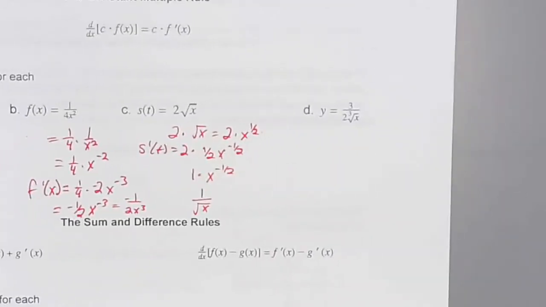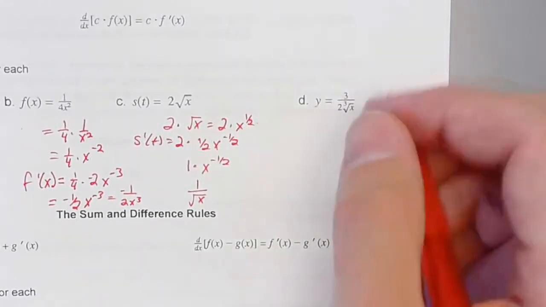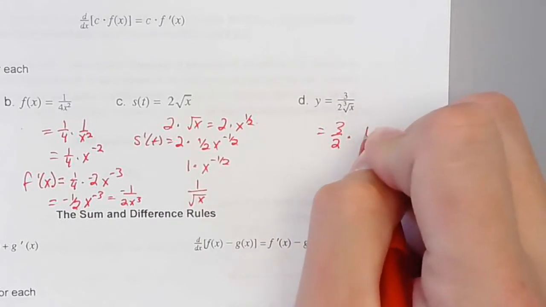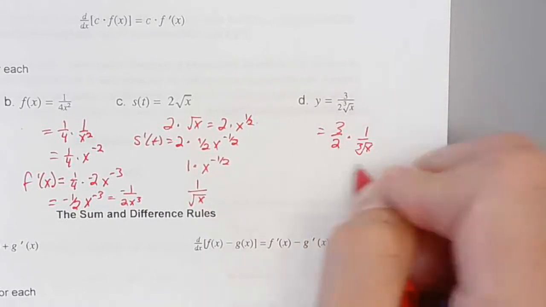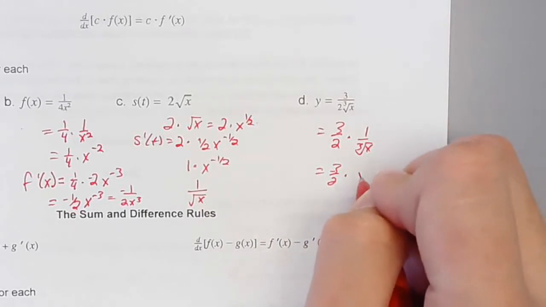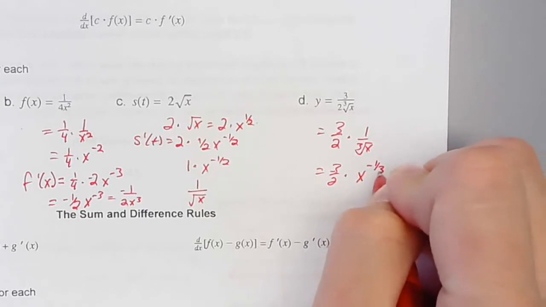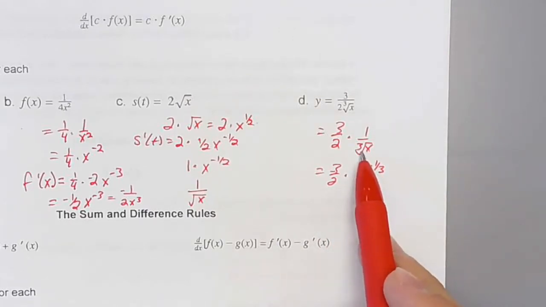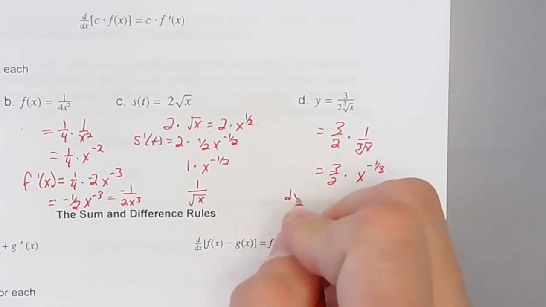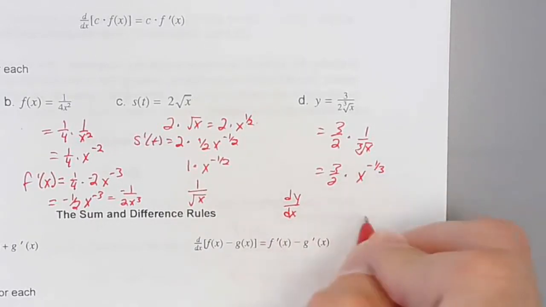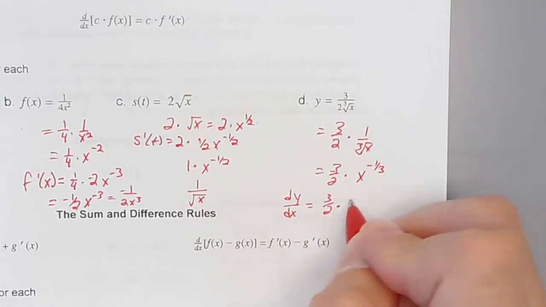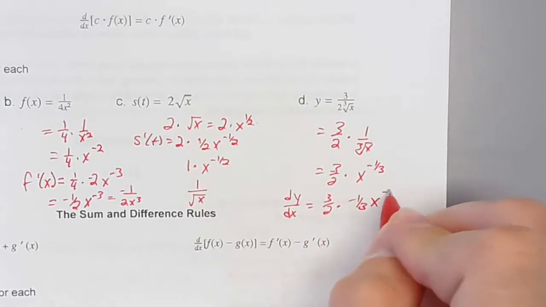If I look at D, this is 3/2 times 1 over cube root x, which is 3/2 times x to the negative 1/3. 1/3 because of cube root, negative because it's on the bottom. Now when I do the derivative, dy dx, also y prime, doesn't matter. This is going to be 3/2 times negative 1/3 x to the negative 4/3.